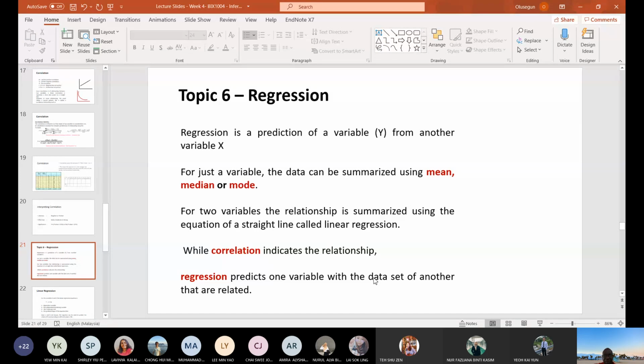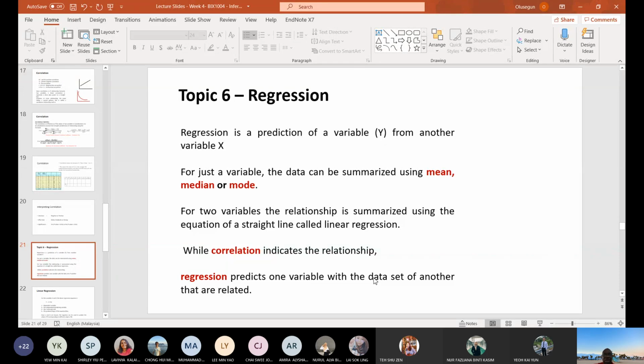If I want to predict the age of the next person, I can use the average, either the median, the mean, or the mode, to predict the age of the next person.